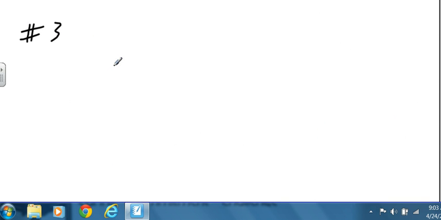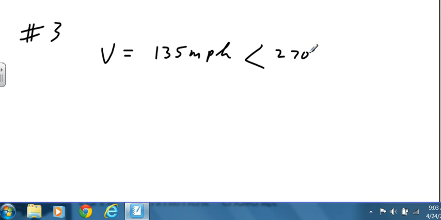And for problem number 3, we have our vector is 135 miles per hour, and we're at an angle of 270 degrees, and we want to find the horizontal and vertical components.